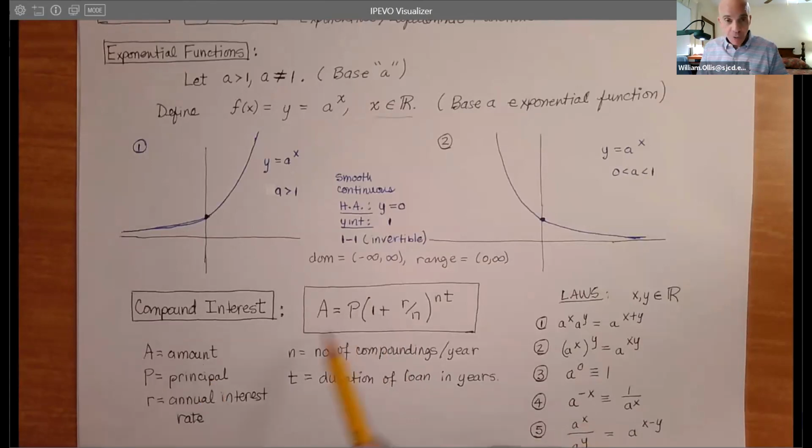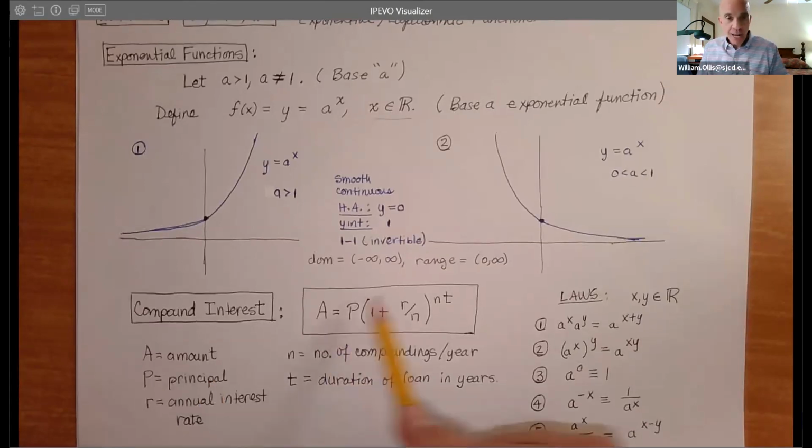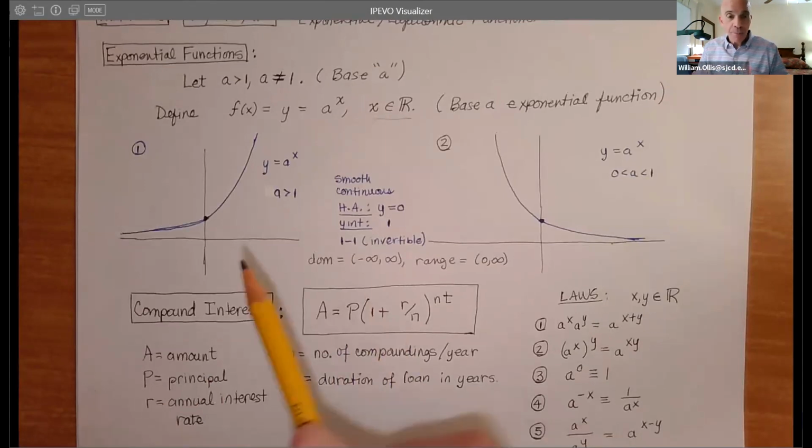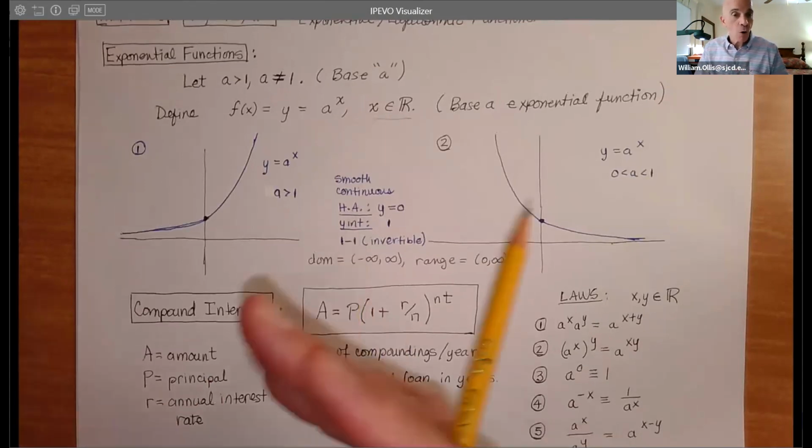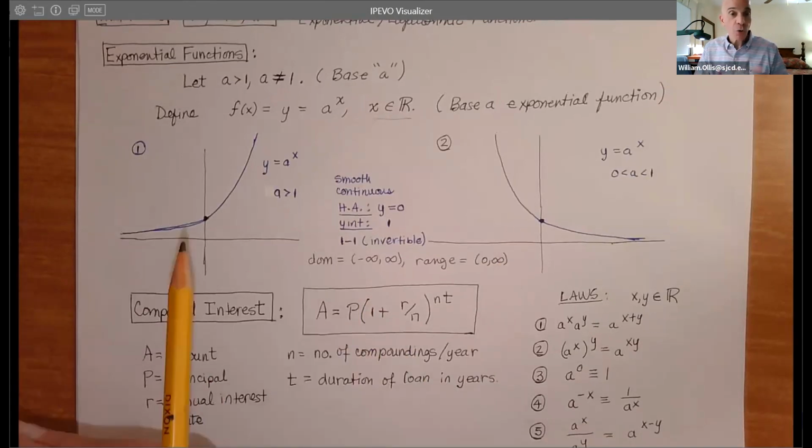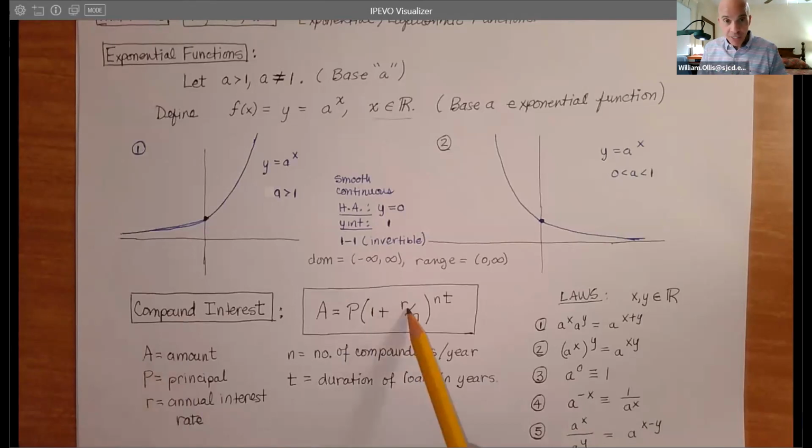We have a principal investment P. So this is a one-time deposit. It's not an annuity like some of you may be aware of when you finance a home or a car or your credit cards. Annuities are great for making money, but annuities help businesses get a lot of money from you, which is not what we want.